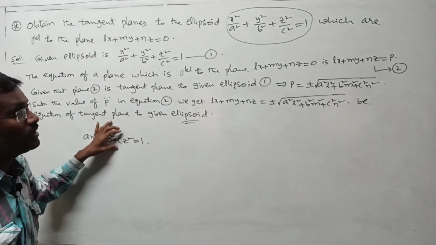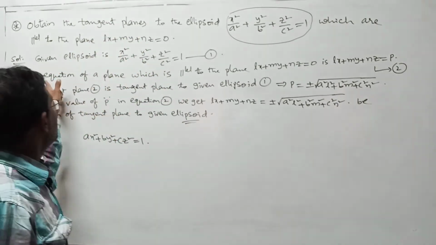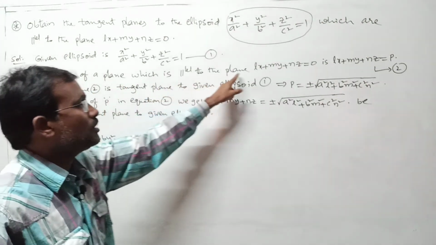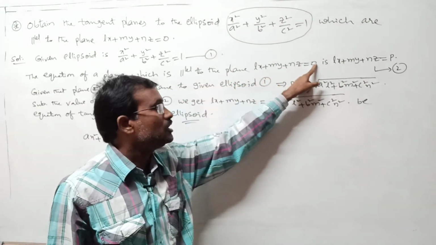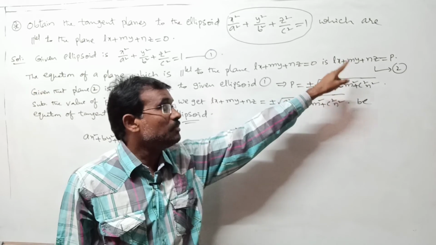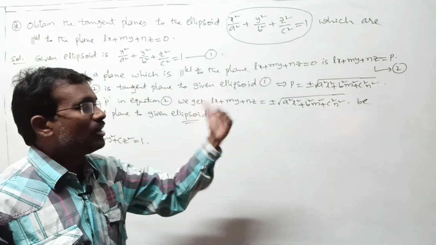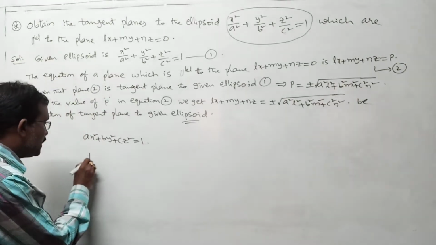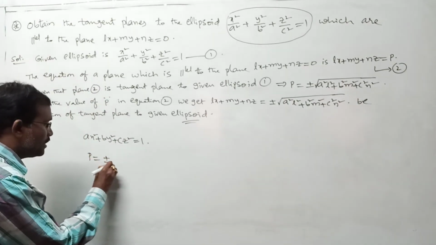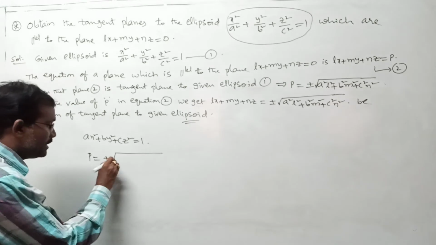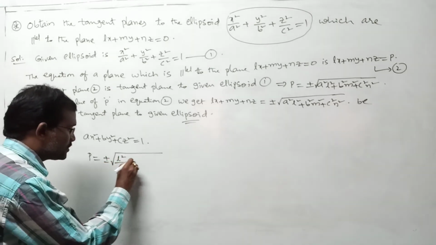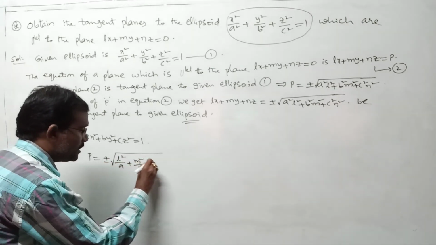Take this conicoid, and the equation of the plane parallel to the plane Lx + My + Nz = 0 is Lx + My + Nz = P, where P is unknown. The value of P is plus or minus the square root of L²/a + M²/b + N²/c.